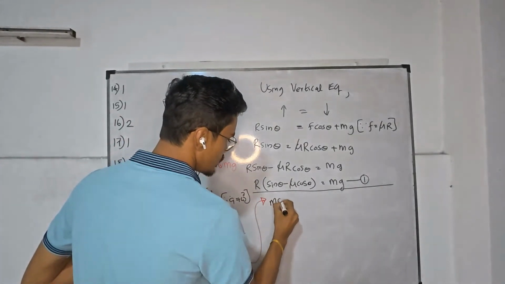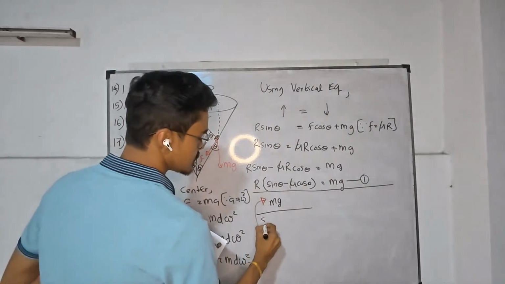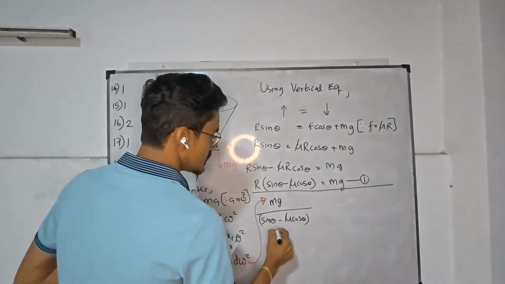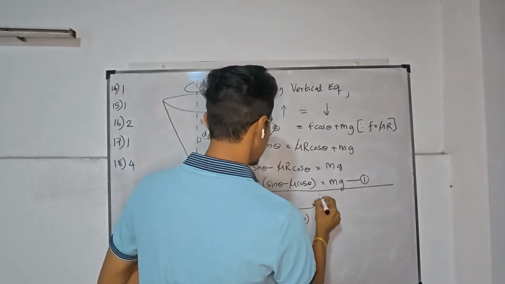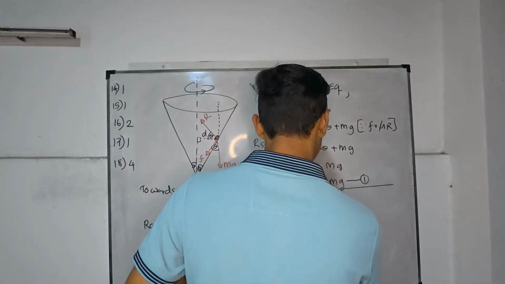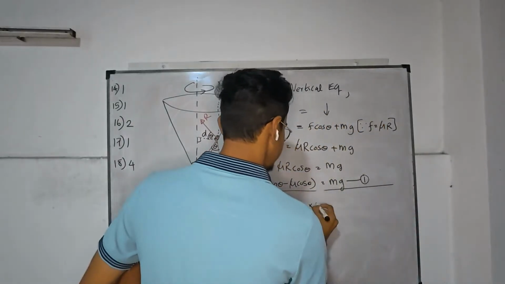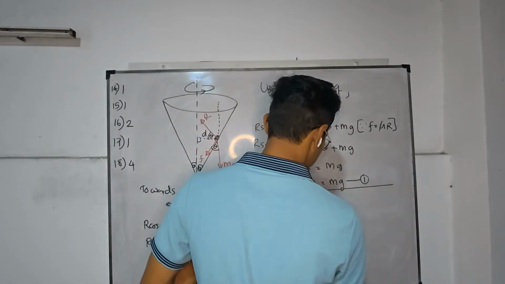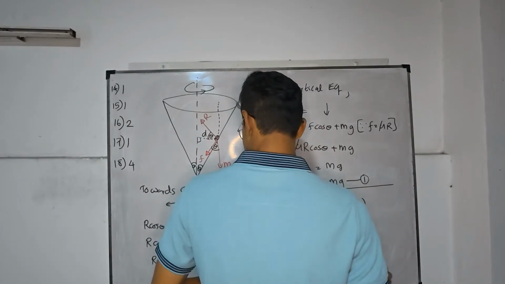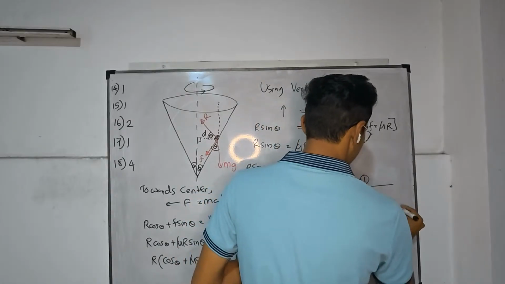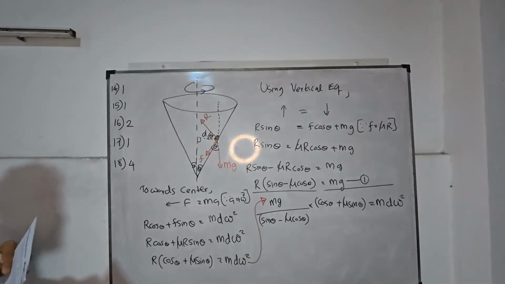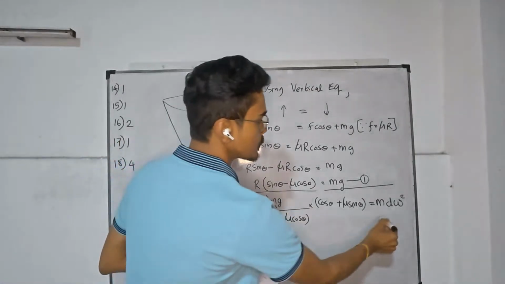R is mg over (sin theta minus mu cos theta), times here I have cos theta plus mu sin theta, equals m d omega squared. Right? So hope the substitution is clear. Now m cancels with m.